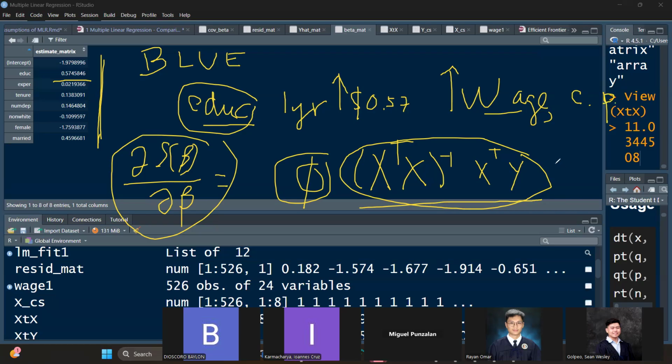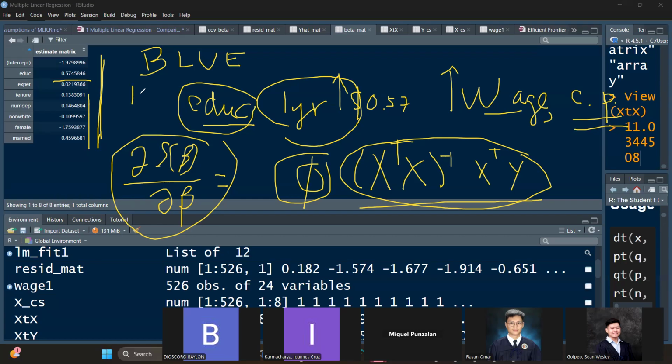Ceteris paribus means all things being the same. What does that mean? It means that I'm only increasing education by 1. The others I'm not going to increase. Whatever the values of tenure, number of dependents, non-white, etc., will remain the same. It's only education that I'm going to increase by 1.